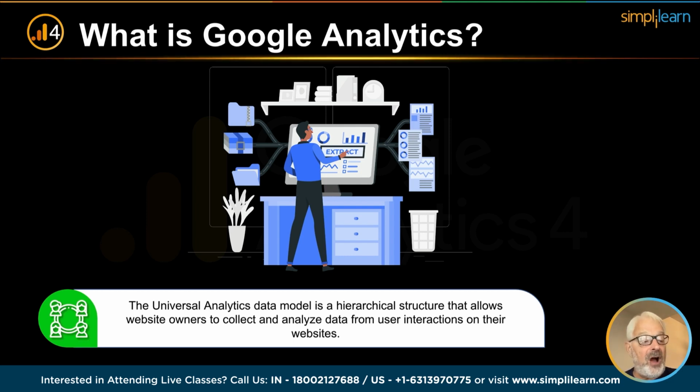At the top of the hierarchy are the accounts. They represent a collection of websites or mobile apps owned by a single entity, by a user. Within each account, there can be multiple properties. They represent individual websites or mobile apps.